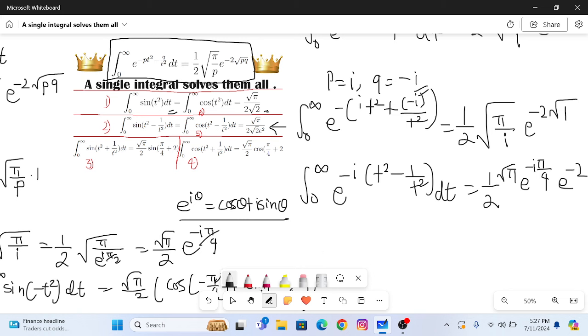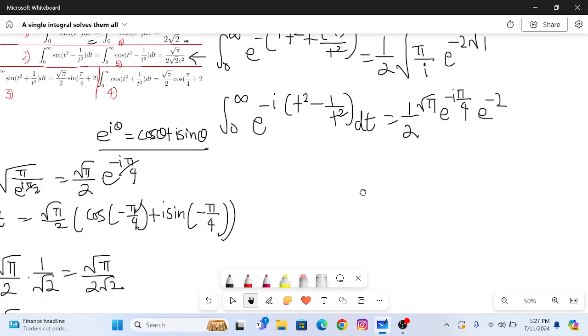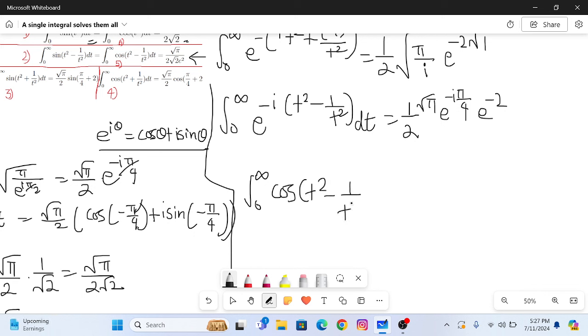Yes, now over here I can again use Euler's formula and break this integral into two pieces, just like how we did earlier. So this becomes the integral from 0 to infinity of cos of, since there is a minus times this expression, for cos it won't really affect, because cos of negative theta is just cos theta, but for sine we will get a negative sign, and the integral from 0 to infinity of sine of t square minus 1 by t square dt.